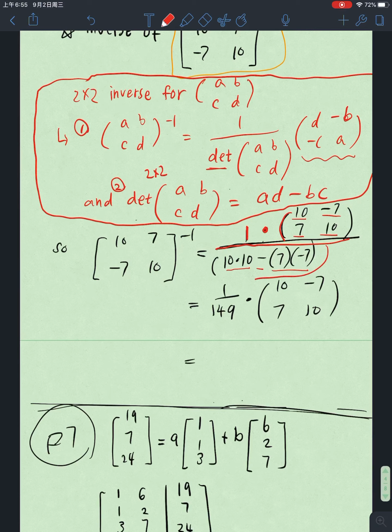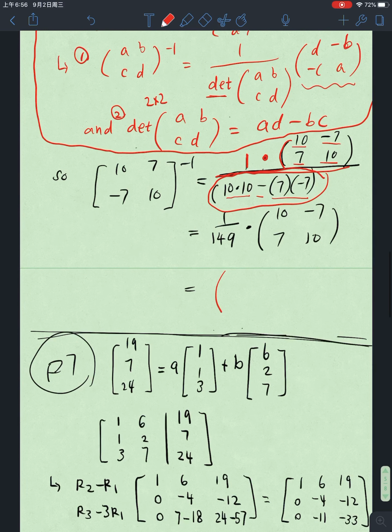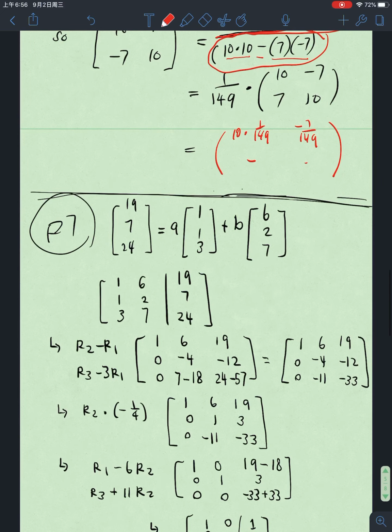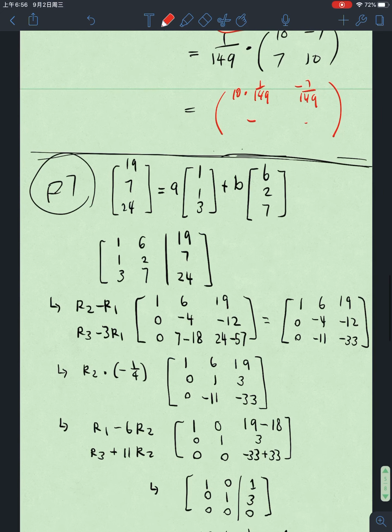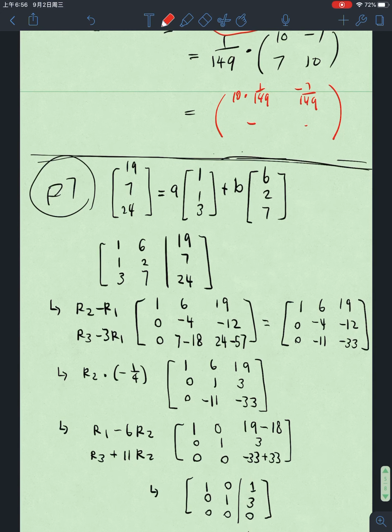And the denominator will be 149, and you just multiply 10, -7, 7, and 10. Each term is times 1 over 149, and you can do that yourself. I don't know if I can give the answer, but it's pretty straightforward.